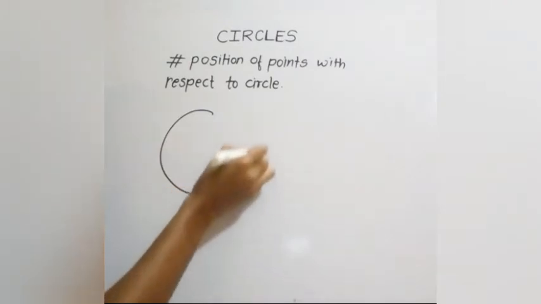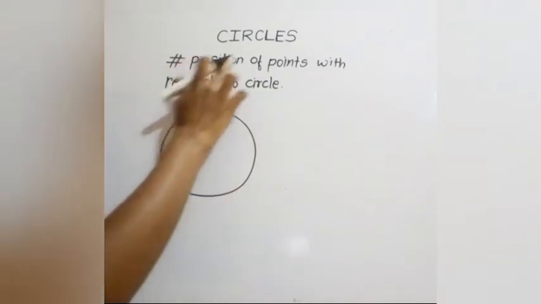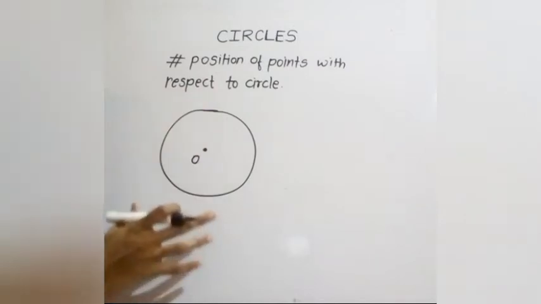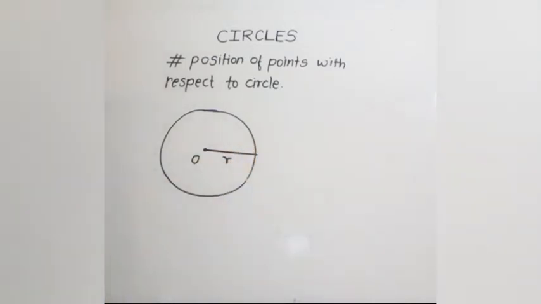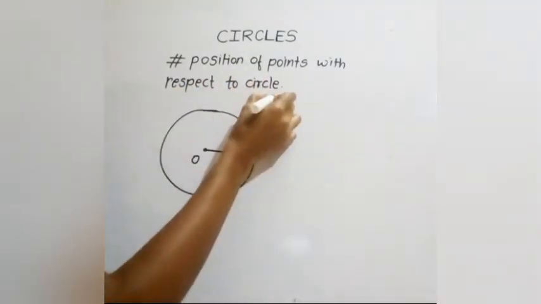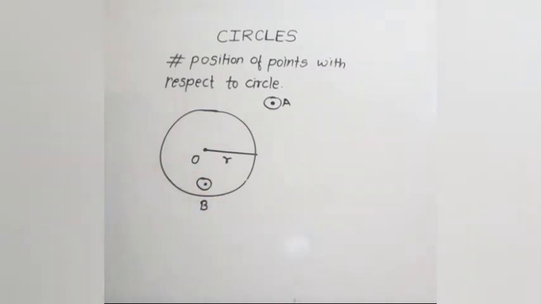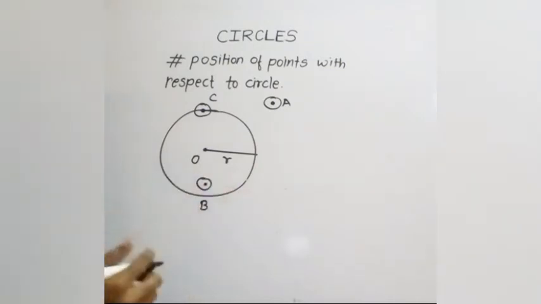Here is another important point related to circles. Suppose we have a circle with center O, and we are going to discuss the position of points with respect to the circle. This is the circle, and this is the radius of the circle, R. If we draw one point outside the circle, let's say that's point A. If we draw some point inside the circle, let's say this point is B, and if we draw a point on the circle, let's say this point is C. So we draw 3 points.